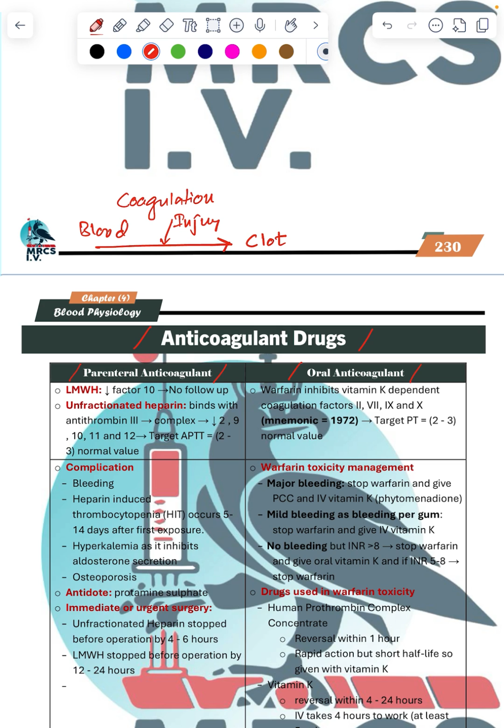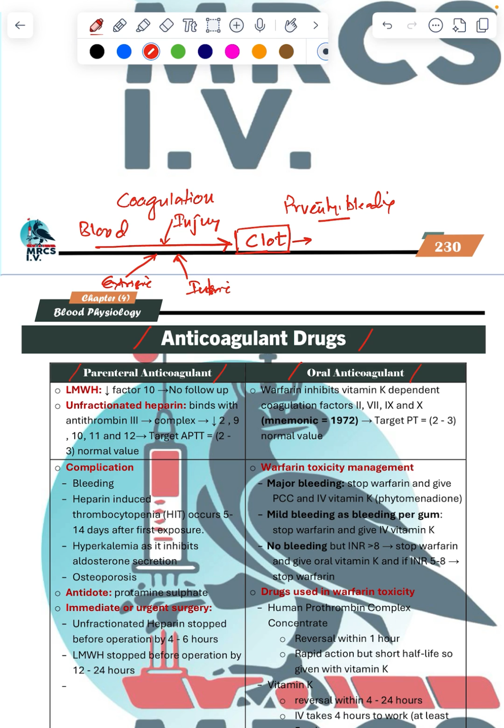Injury, clot formation by two ways: extrinsic, intrinsic. So clot is formed. This clot is plugged somewhere where there is injury, and it is preventing bleeding. That is the protective mechanism.